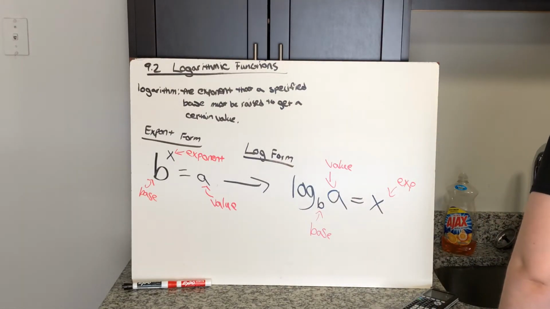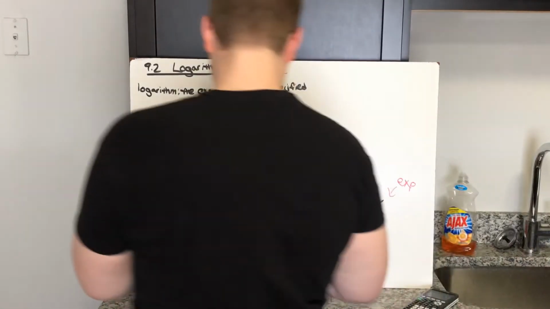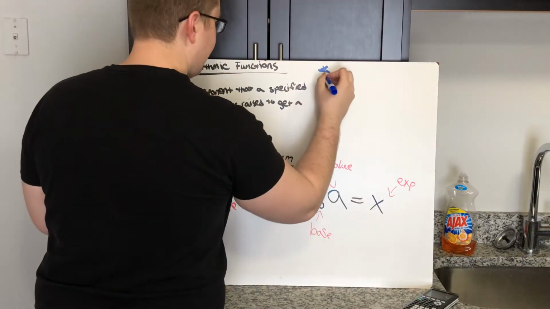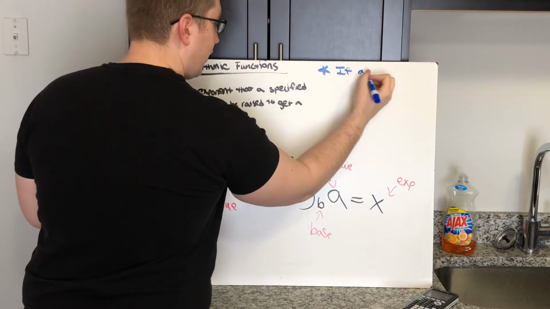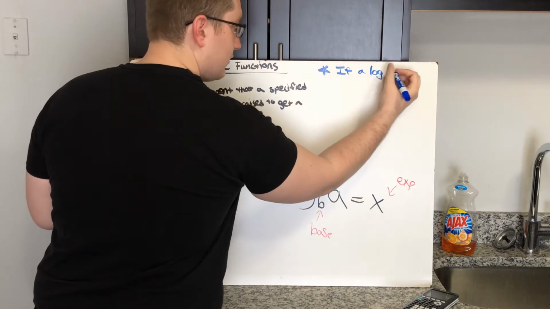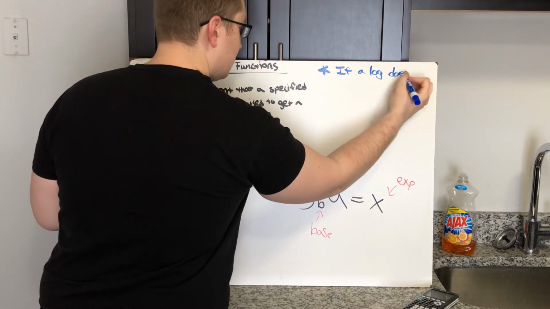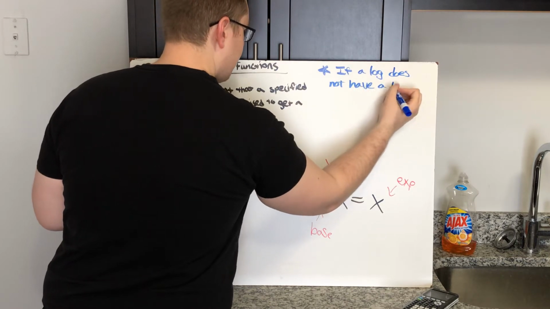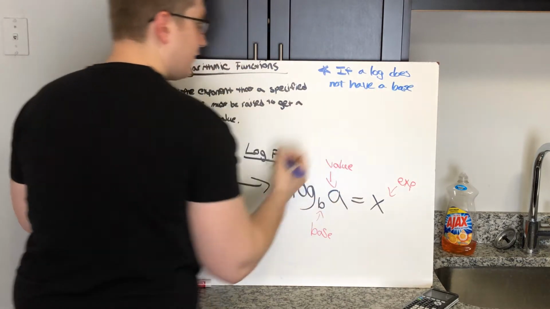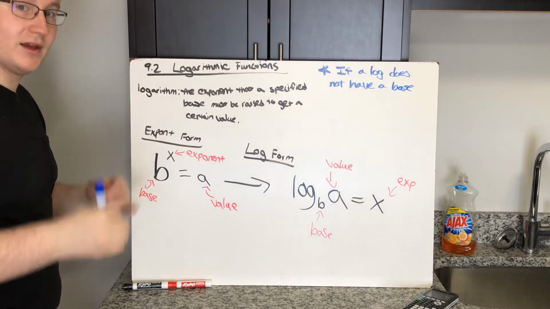We have a special rule. Star this, do whatever you need to do. If a log does not have a base, then the base has to be 10.